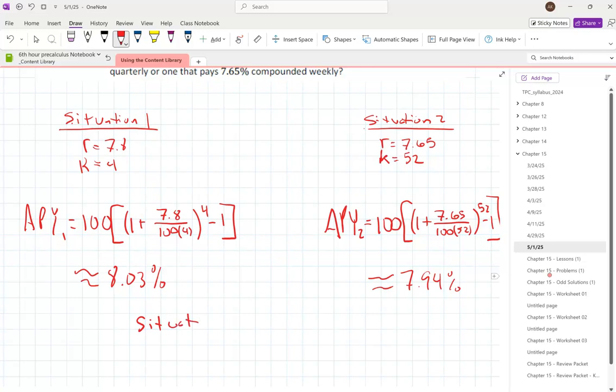So we'd say situation 1 is the better option because that APY 1 is greater than the APY for situation 2.